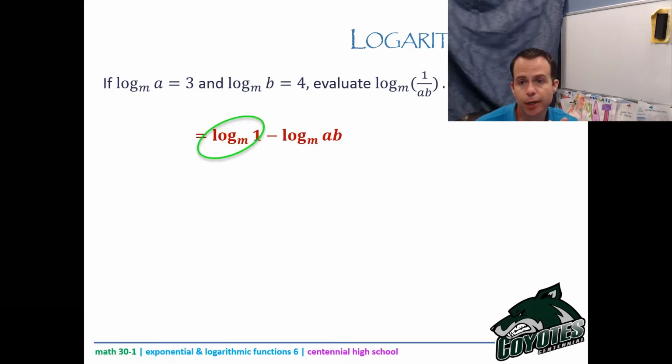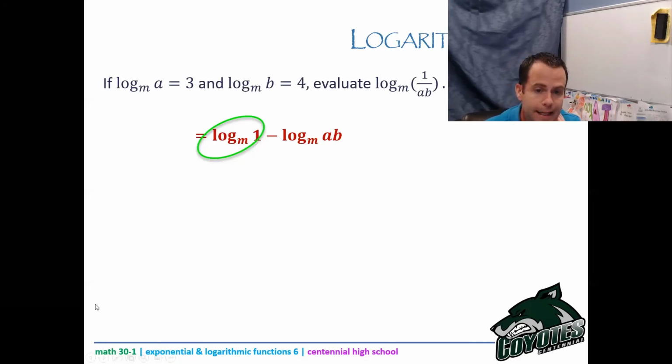Now be very careful when you do this. That's great that that's 0, but there's still a negative right in front there, and you need to make sure you don't drop that negative, okay? See that negative there? The other thing we're going to do here is ab is being multiplied, so I'm going to further expand this by changing that to addition.